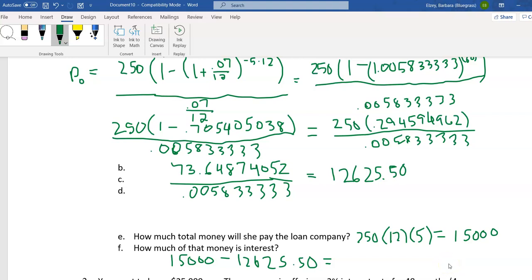So $15,000 minus $12,625.50 ends up being, we pay $2,374.50 in interest. And I'm going to save the second problem for a different video so we won't run out of time.